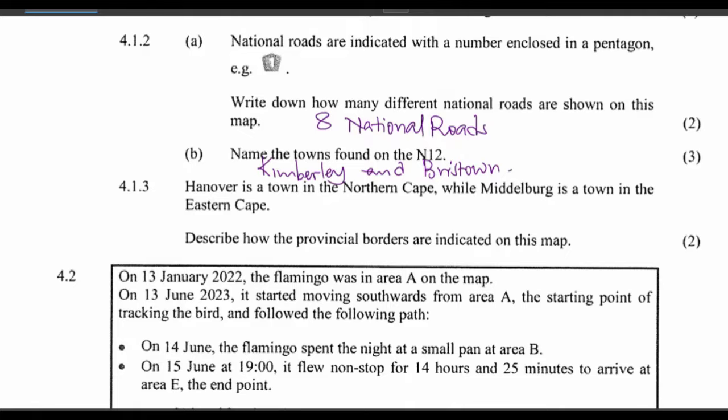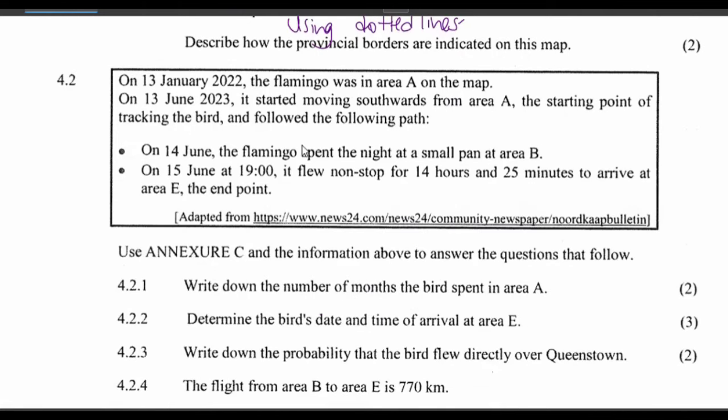Then describe how the provincial borders are indicated. We say using the dotted lines.